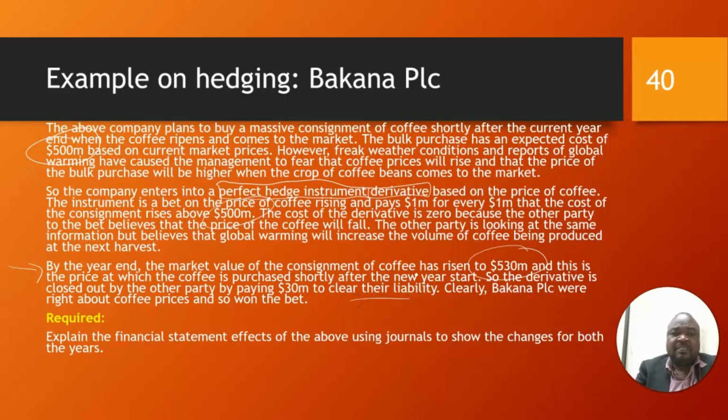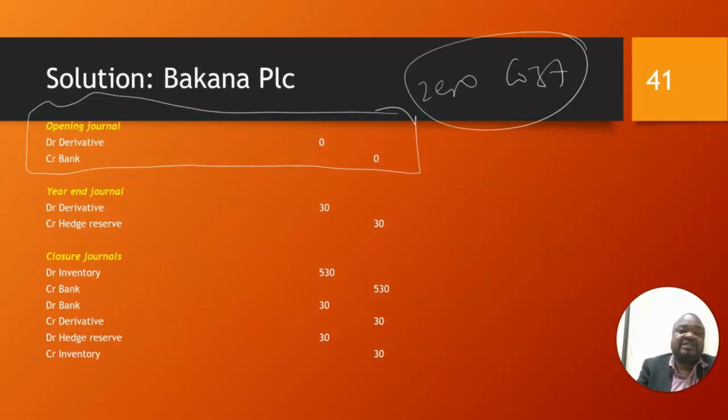So coffee has risen to 530, so we are going to debit the derivative and credit the hedge reserve. The derivative is actually worth 30 million, and we credit the hedge reserve.